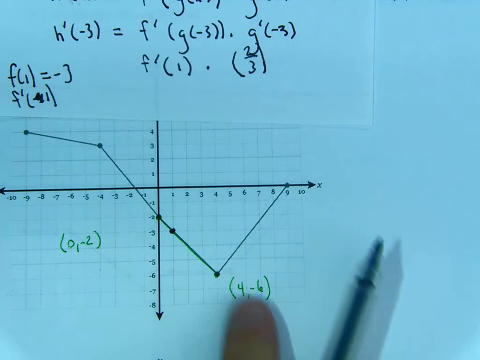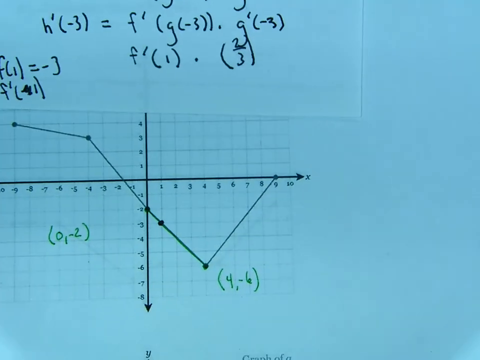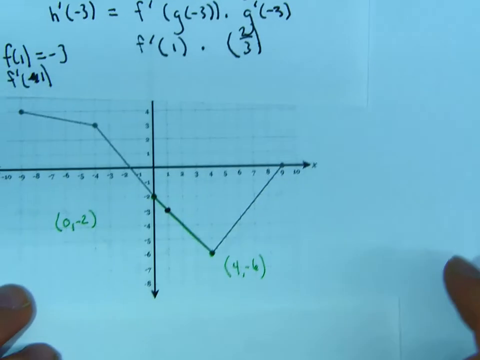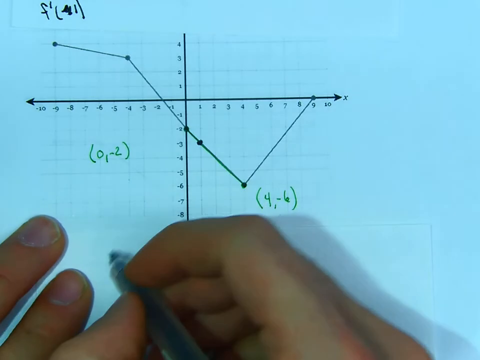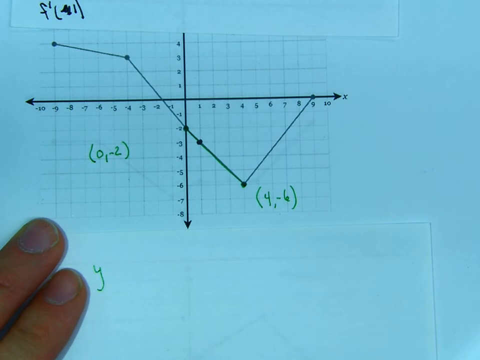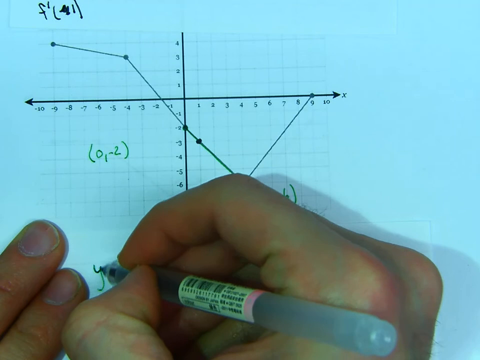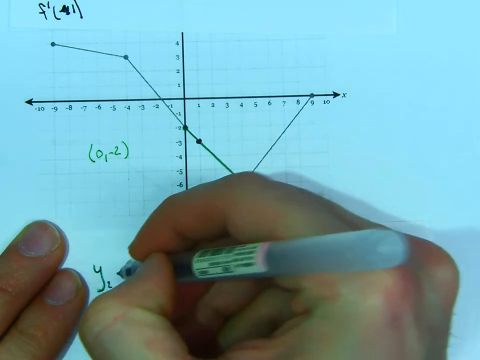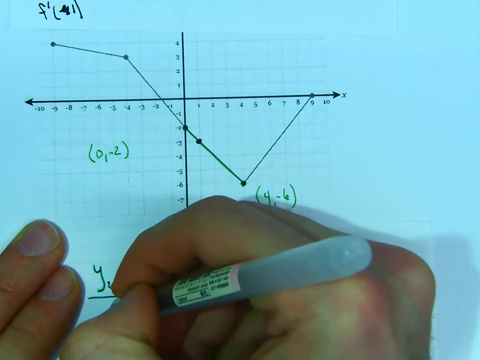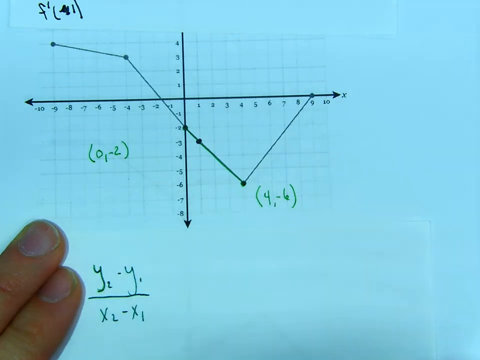So pause the video, try and find the slope, see what it is, right? Let's see, what would be the slope of this? So let's see, if I had y sub 2, let me use a different color, my bad. This one looks good. Y sub 2 minus y sub 1 over x sub 2 minus x sub 1, right?